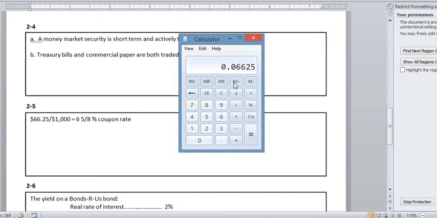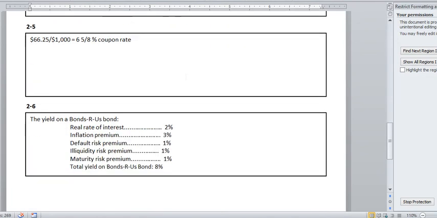We can see that if we just clear this and go 5 divided by 8, that's going to give us .625. But you can just put the answer in decimal form. That's fine. Okay. And then lastly, this is just simply understanding, and I believe this is in your book.